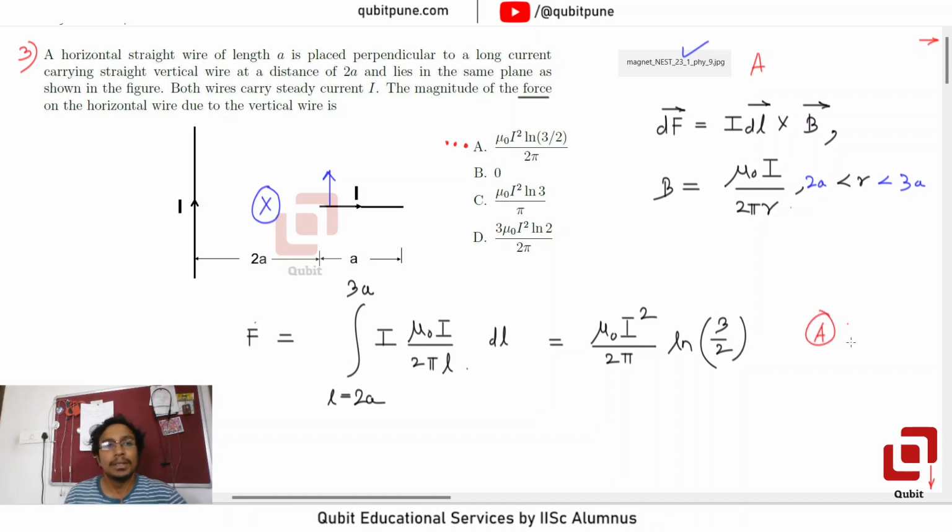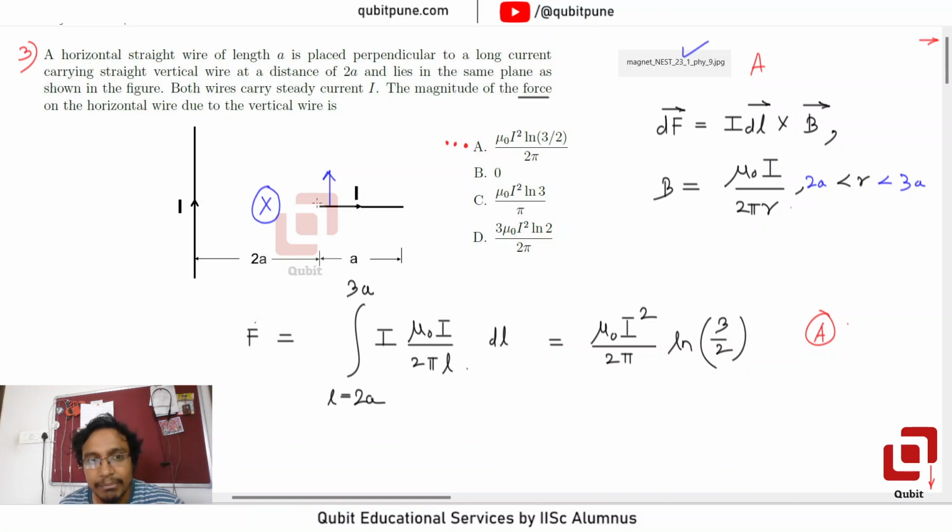Now, do you agree that this force is also going to produce a moment or rotational effect on that smaller conductor? Yes. Also note that this force is not constant.